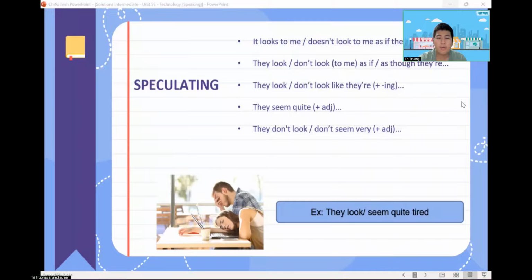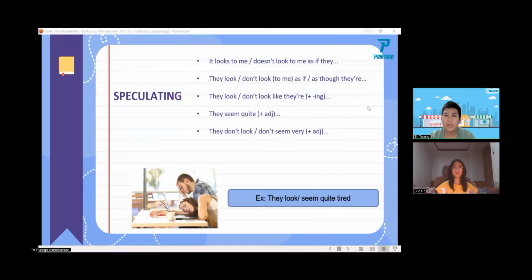The fourth: they seem quiet, họ trông có vẻ là, cộng với tính từ. For example, they look or they seem quite tired. Họ trông có vẻ là khá mệt mỏi. Maybe they have a lot of stress at work. Okay, the next one: they don't look or they don't seem very happy with their job, right? There are some phrases.